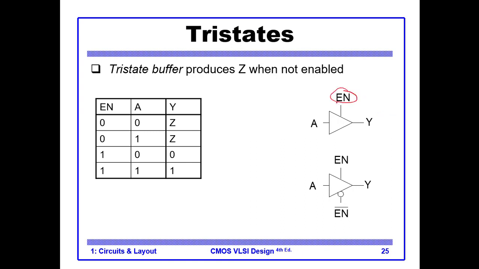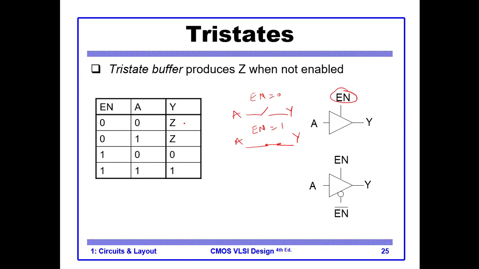When the enable is 0, for example, for this Tristate Buffer, it is open. So A and Y are not connected. And when enable is 1, A is connected to Y.